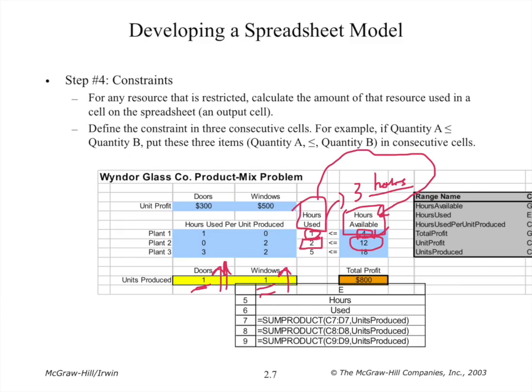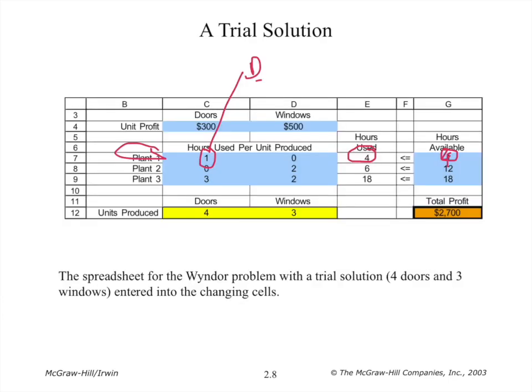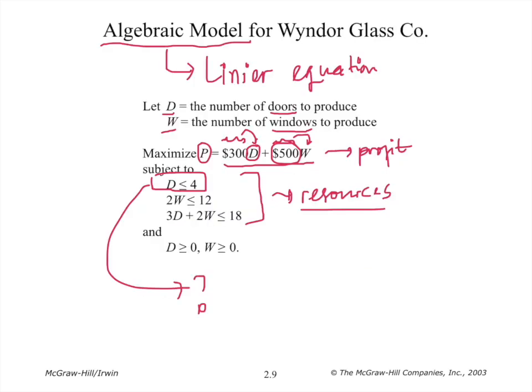That is the principle of the subject equation here. So 2 times the number of windows must be lower than 12, because to produce every window we need 2 hours in plant 2, and we have 12 available hours.